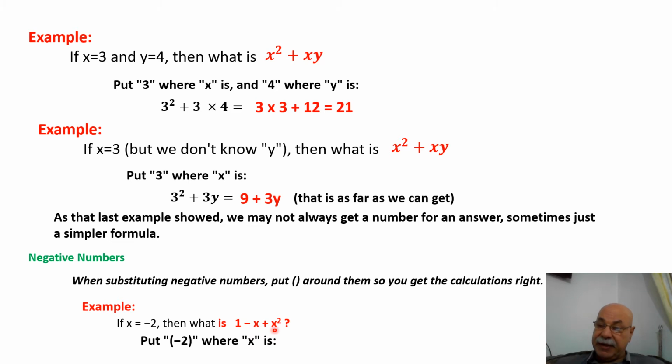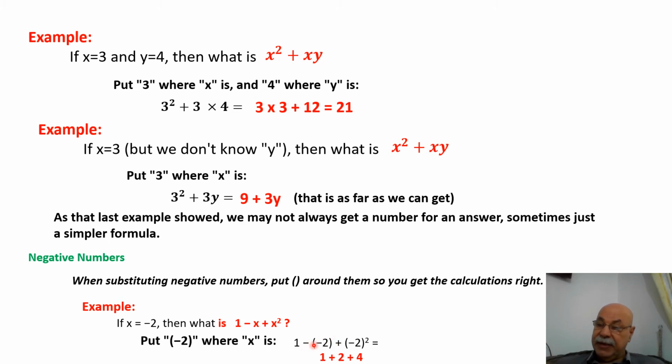We get 1 minus, x is minus 2, plus x squared, which is minus 2 squared. Minus 2 squared becomes 1 times minus 1 plus 1 plus minus 1.